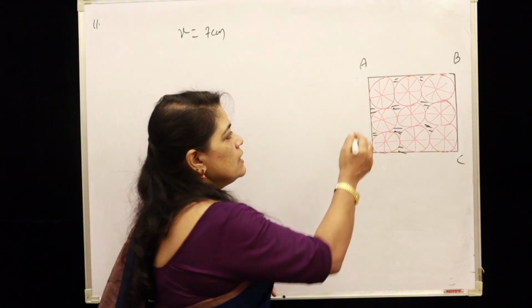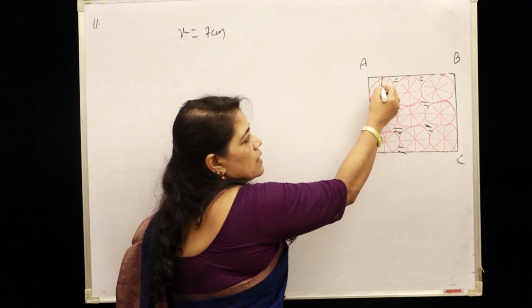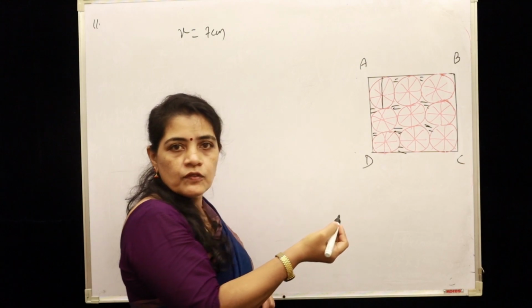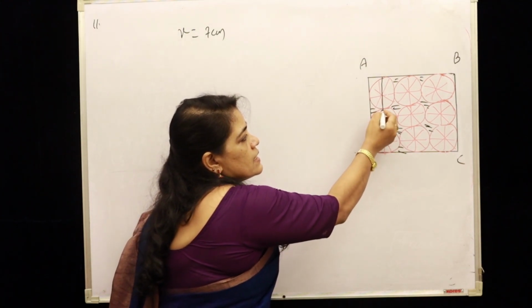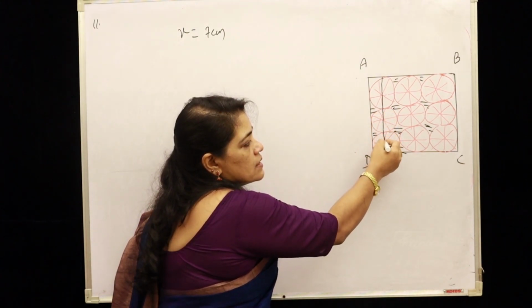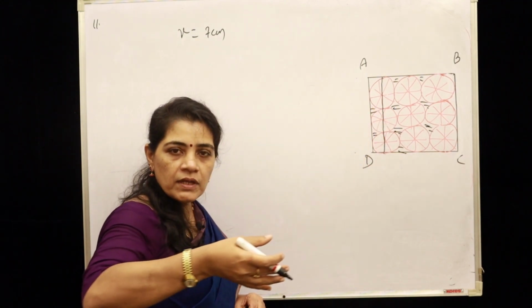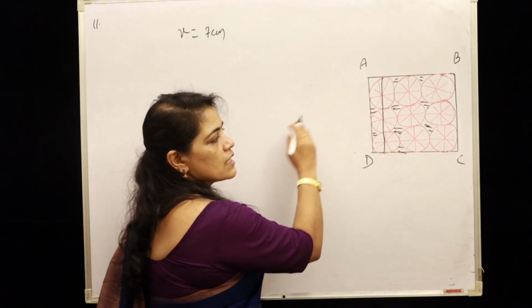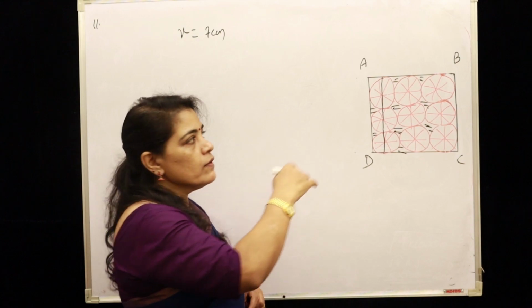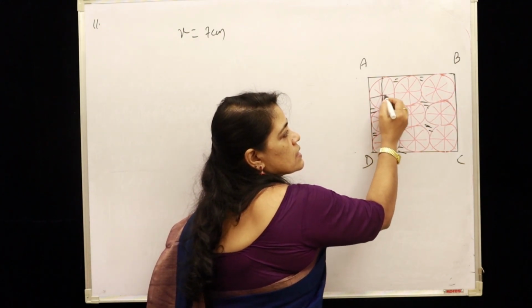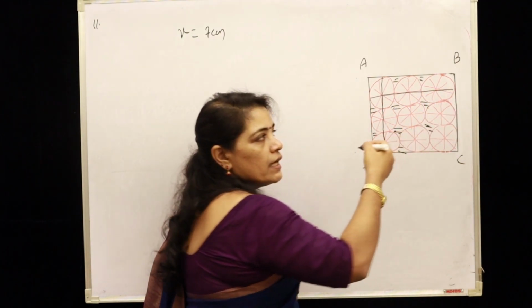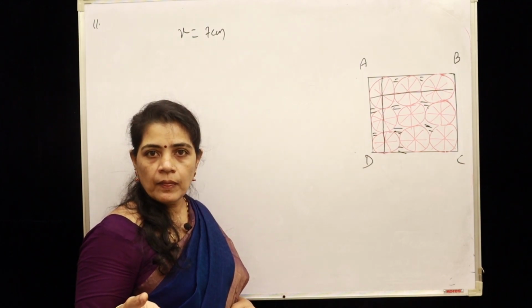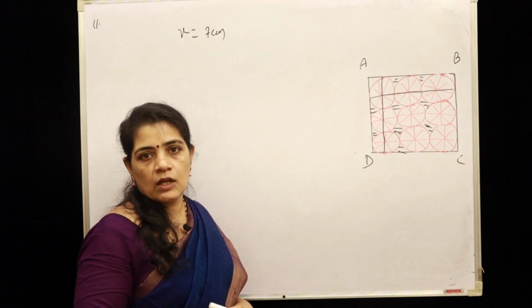This is the diameter of the first circle, second circle and the third circle, and these 3 diameters sum will give you the side of the square AD. Likewise row-wise, the 3 diameters will be equal to side AB. Being a square, all sides are equal.